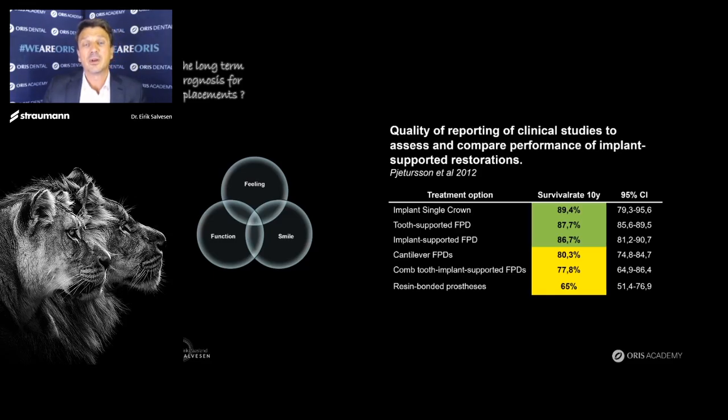And if we compare the non-invasiveness of doing a single crown on an implant compared to a 3-unit fixed partial denture or bridge, we know that we would choose an implant basically any given Sunday nowadays. So about 90%. So there's a good long-term success and survival rate on implant restorations, single teeth.